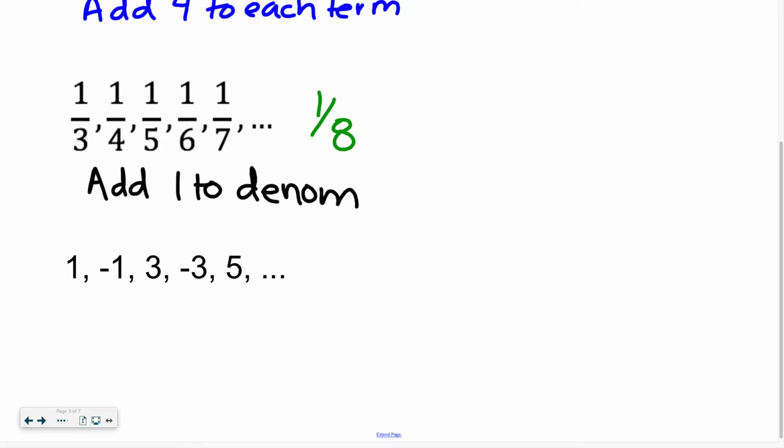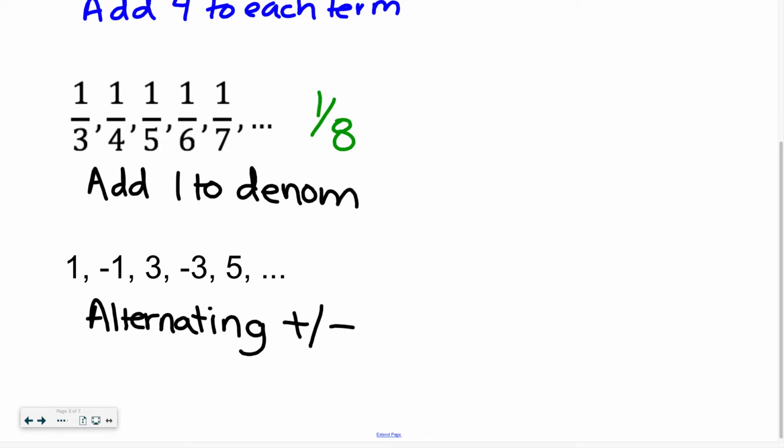Okay, and then how did you describe the pattern for our next one, Dylan? Alternating between adding and subtracting increasingly large even numbers. Okay, alternating positive and negative is one part. And then what was your next part? Increasingly large even numbers. So alternating between adding and subtracting even numbers.